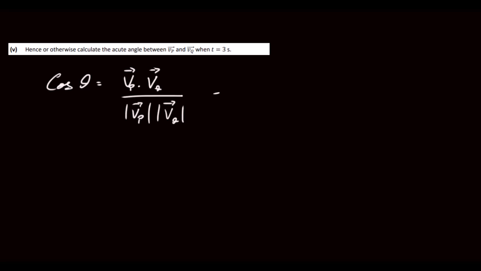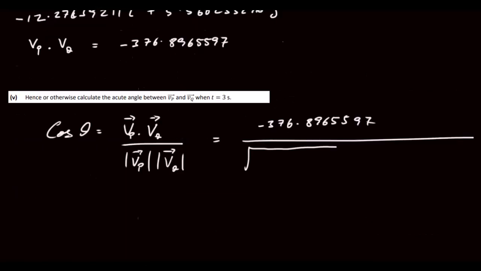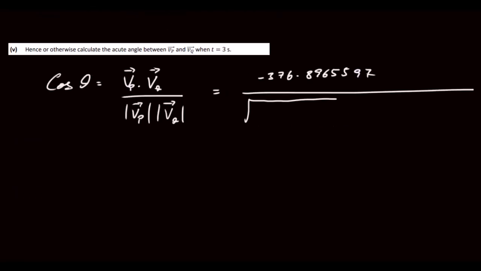So when you do that, it's just going to be the answer that we got above, which was minus 376.8965597 divided by the square root of these numbers here. I'm not going to put in all the numbers. I'll just put in 2 or 3 decimal places.